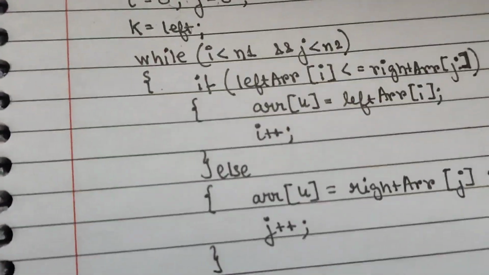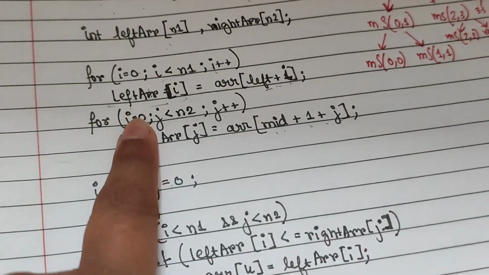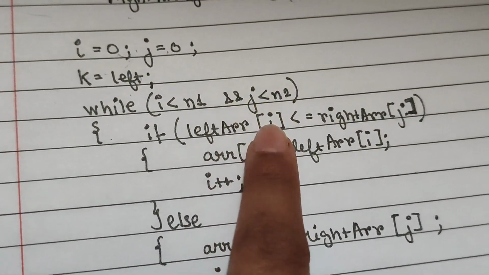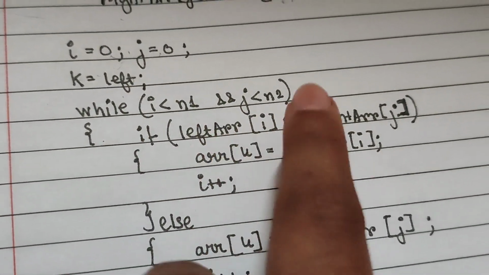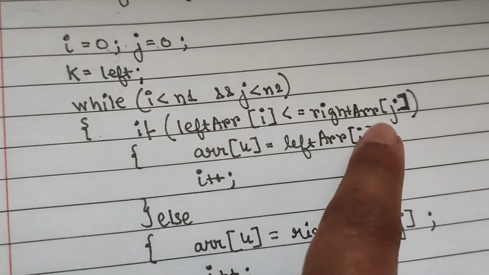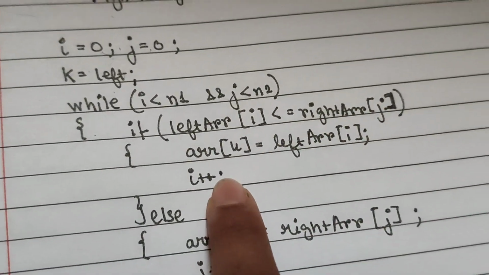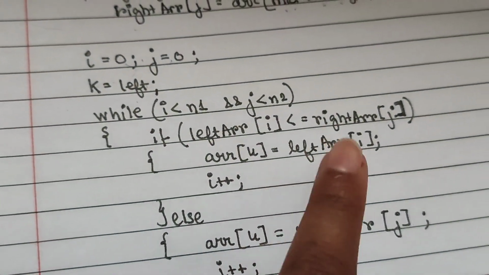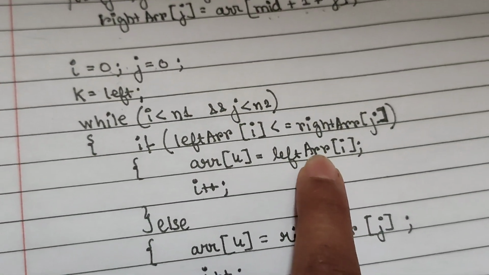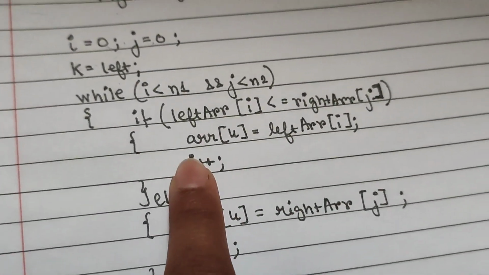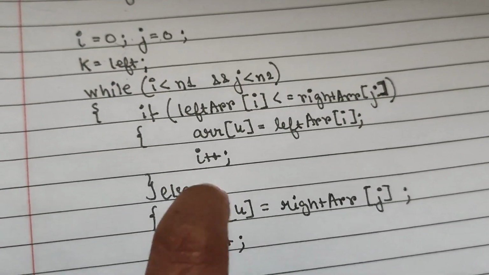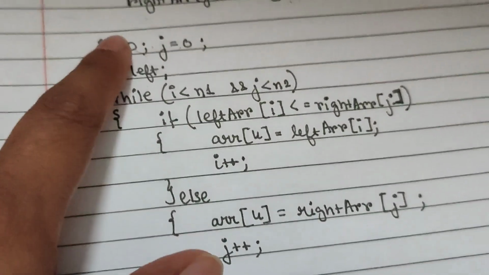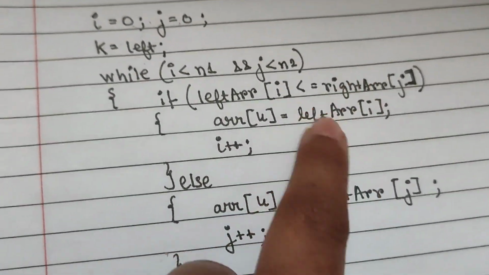Now we will compare the temporary arrays and then merge them into one single array. We will compare if the left array element is less than or equal to the right array element, and if it is, then we will add the element from the left array to our main array at k, and then increment the index of the left array, like i is counting the index of the left array.